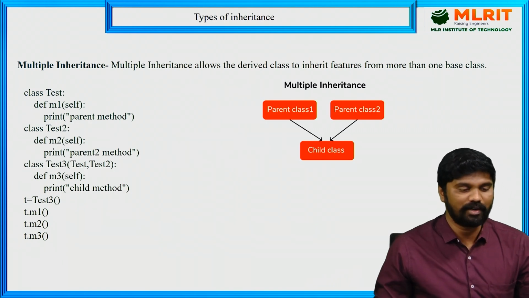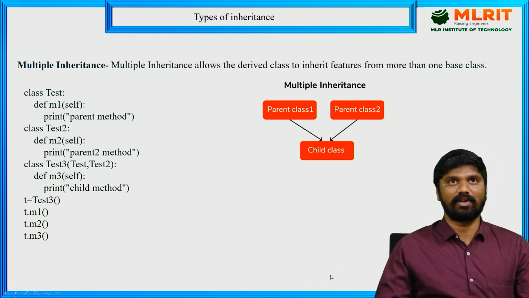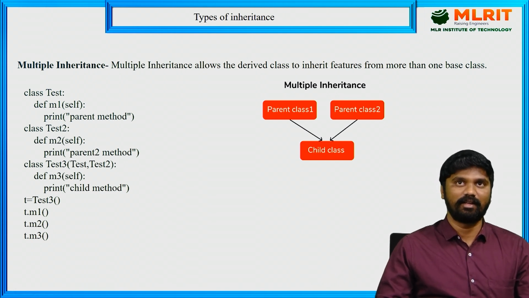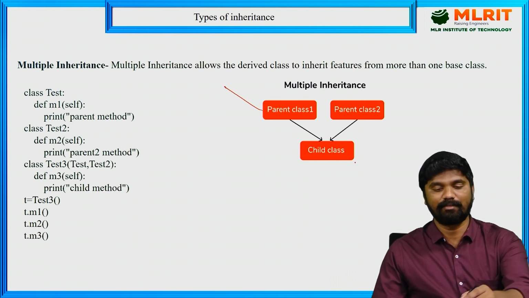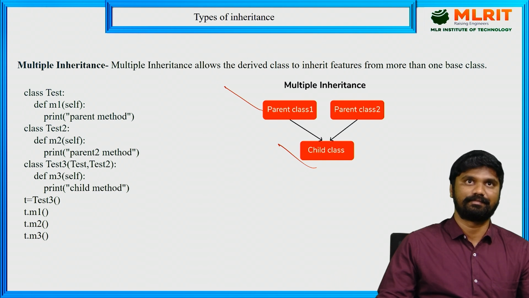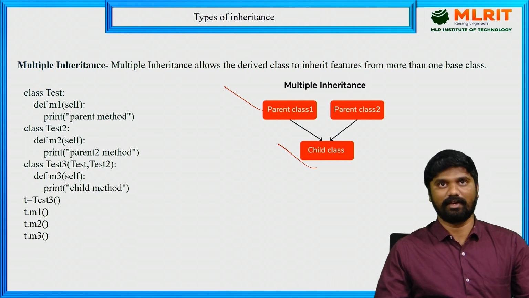Next, the multiple inheritance concept. What is multiple inheritance? Multiple inheritance allows the derived class to inherit features from more than one base class. That means there are multiple parent classes but only one child class, so one child class inherits more than one parent class.